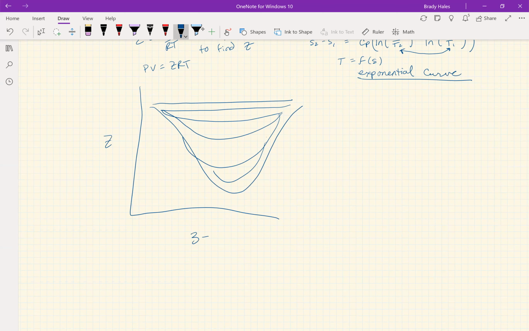So this is 3-7 in your book, and that one gives you T reduced, but the one in the back of the book, which is near table A15, I believe, let me double check, yeah, figure A15, gives both reduced pressures and reduced temperatures.